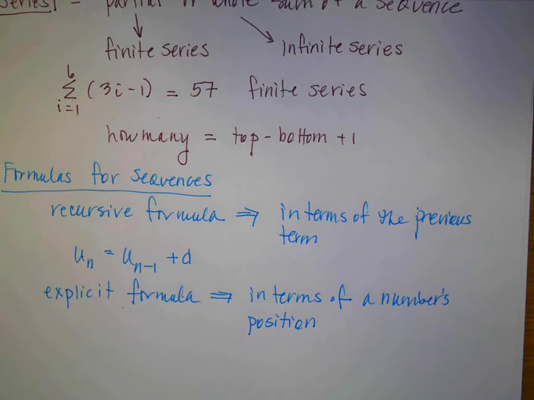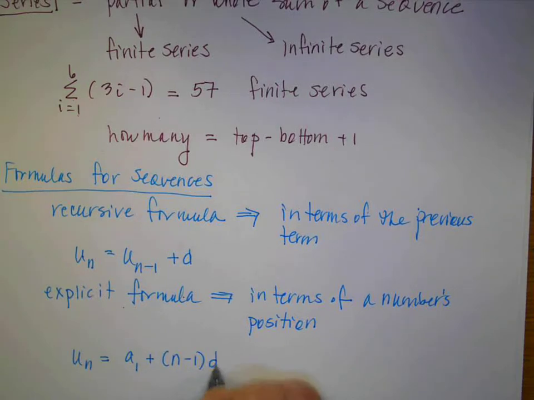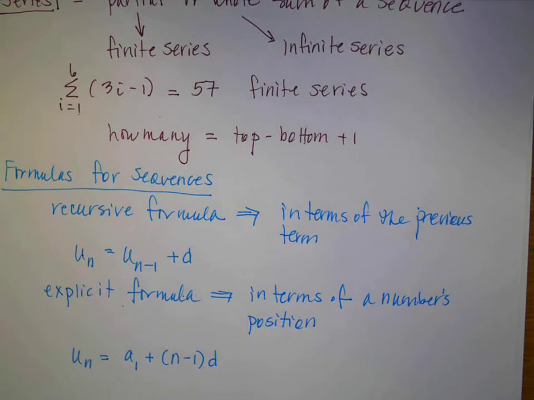And maybe that formula looks something like the first term plus the position minus 1 times d. Okay? So notice the difference in the 2 formulas. In this formula, here is the number's position. And then in this formula, it says use the previous term and add something to it, okay?